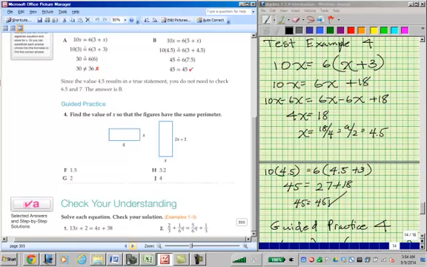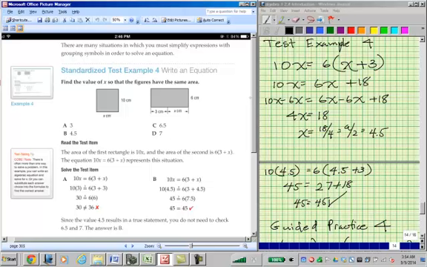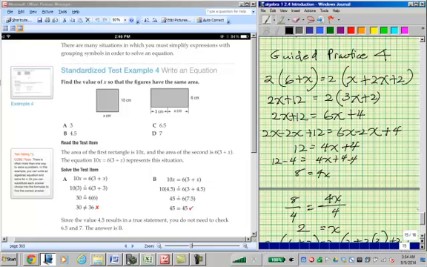But anyway, I set it up so that, actually, hold on. Okay, anyway, so I set it up, find the value of x so the figures have the same area.